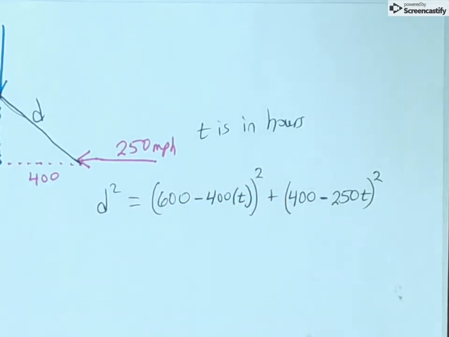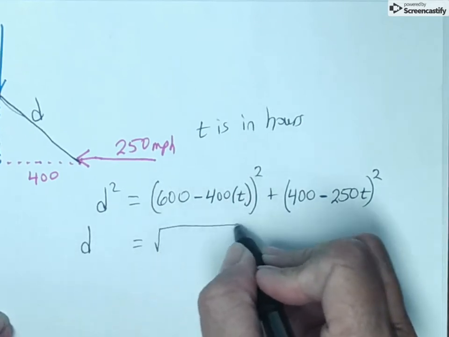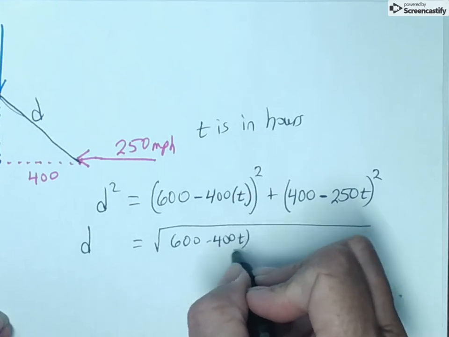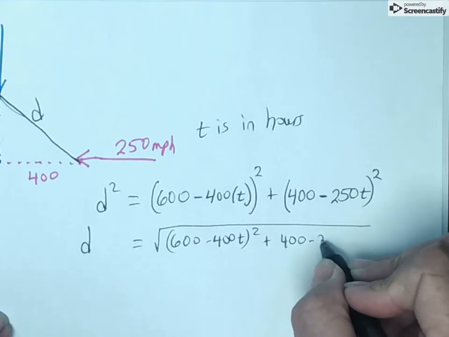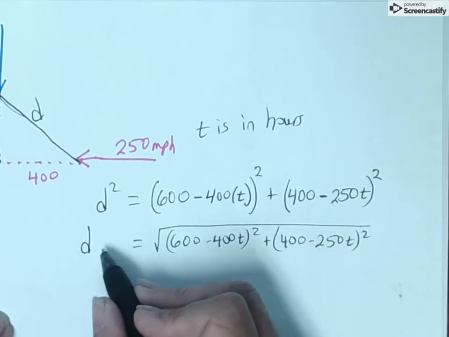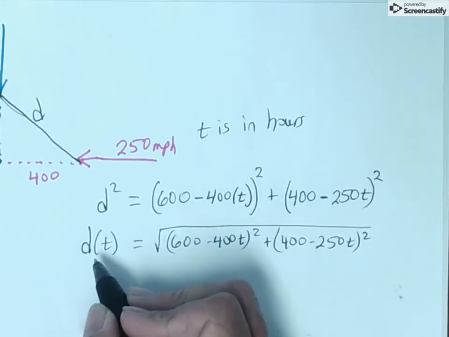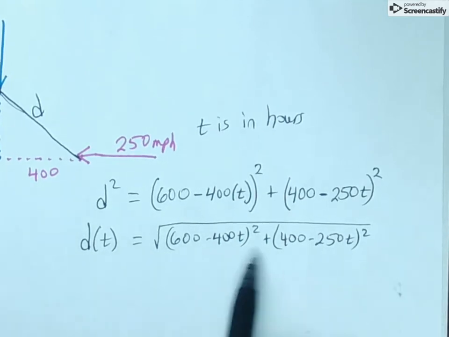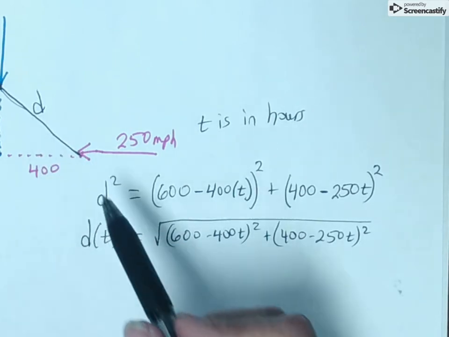Of course, we want just distance, so take the square root of all of this. d equals the square root of (600 minus 400t) squared plus (400 minus 250t) squared. And this is a function of t, so I'll use my function notation over here on the left. There's my function notation. I've answered part A. I've created a model to express how far the airplanes are.